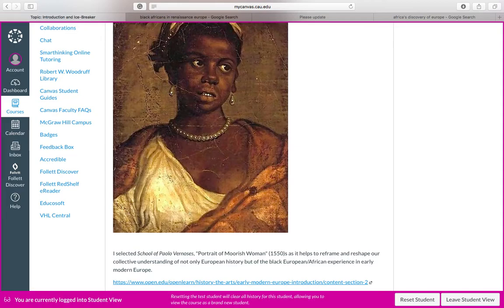We are used to connecting this style of the Renaissance with not only Italy and other parts of Western Europe, but we often don't look at the significant ways that we see Africans and other Black Europeans displayed in Renaissance art. And in fact, when you take a very close look at Renaissance art, you will see a variety of expressions of Black history that is very evident across Europe.